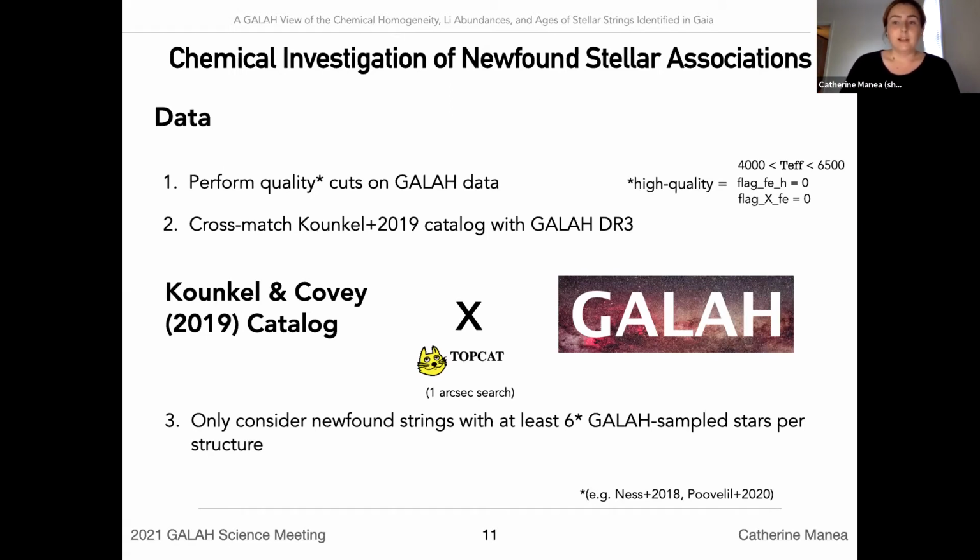However, a few studies now have drawn meaningful homogeneity conclusions from small sample sizes like these, using a particular statistical method called maximum likelihood estimation. So we model our likelihood function after those works to probe the intrinsic homogeneity of these structures. And also we emphasize that this is a real pilot study taking a first chemical look at these structures.